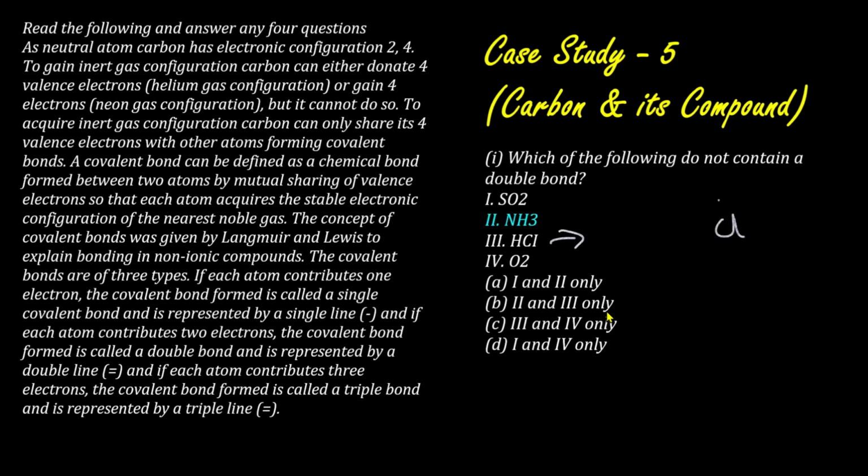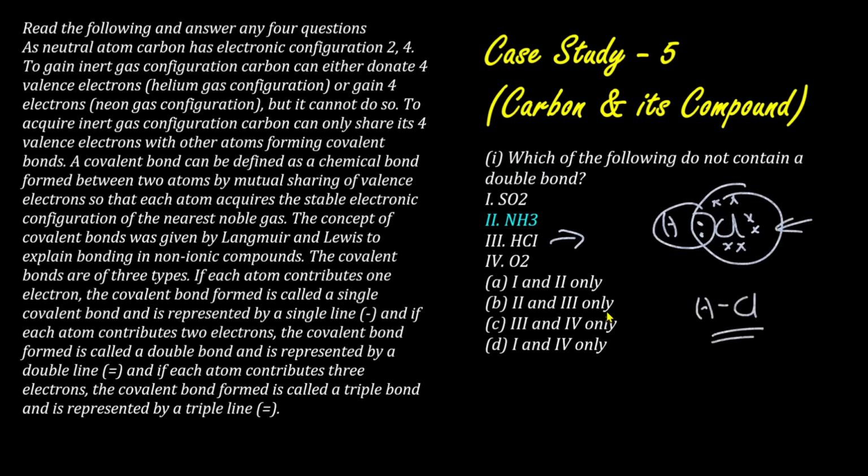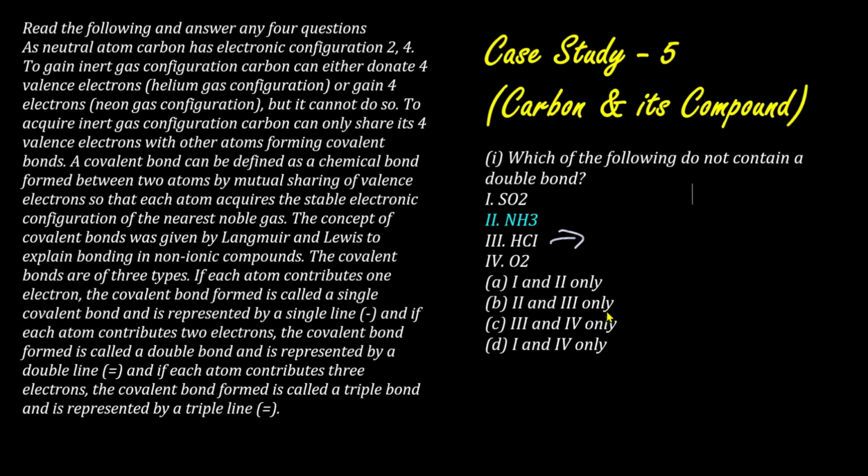Chlorine has atomic number 17, so the electronic configuration is 2, 8, 7. Hydrogen will share 1 pair of electrons, and the octet rule for chlorine is satisfied. It's a single covalent bond, so the second option is also correct.